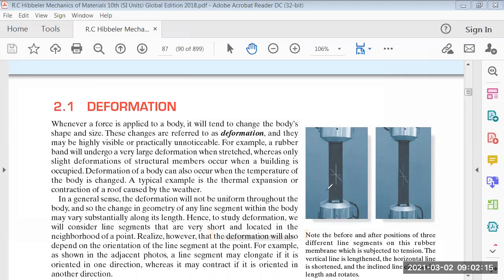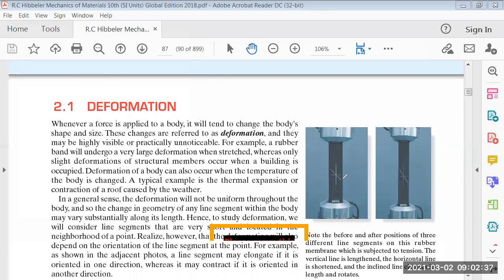Either way, you can change it, because materials get expanded when exposed to higher temperature, and contracted when exposed to lower temperature.